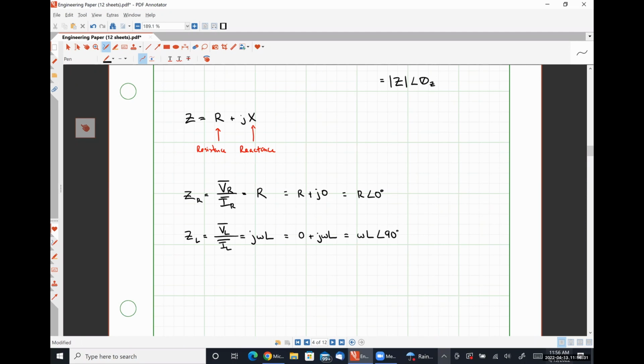So we see that an inductor does not exhibit resistance. It only exhibits a positive reactance.